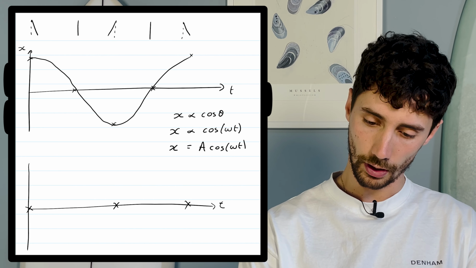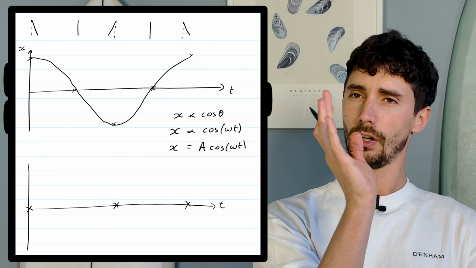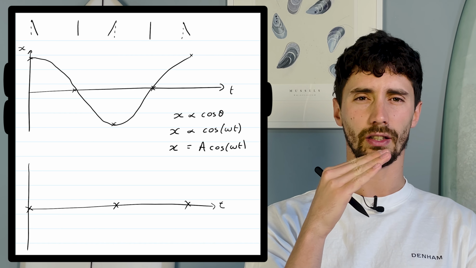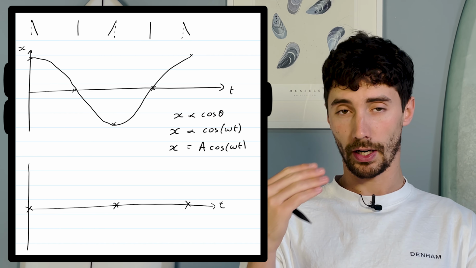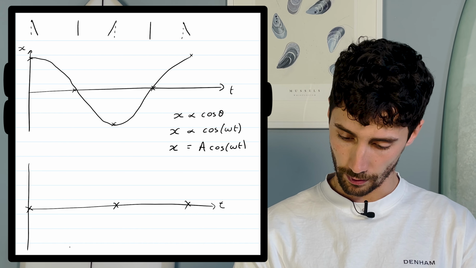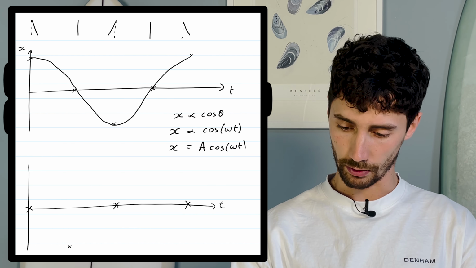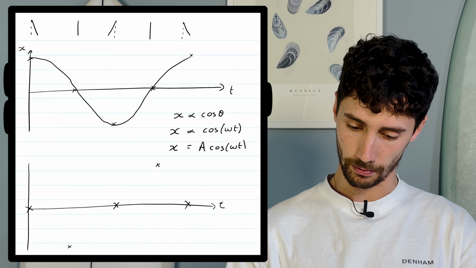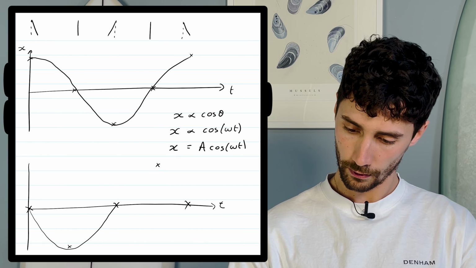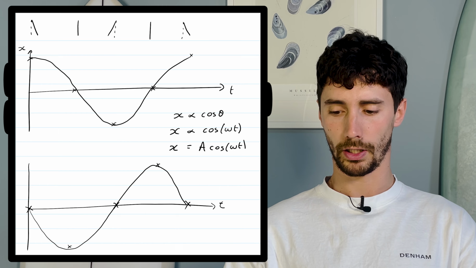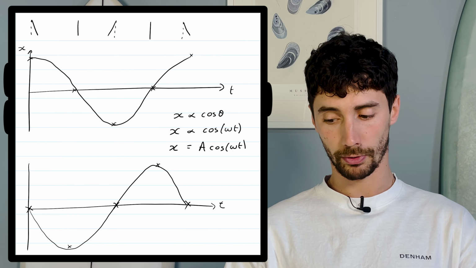Well, as it's moving from right to left, our velocity is towards the negative direction, so our velocity is a negative maximum. And when it's moving in the positive direction, it is going to be a positive maximum. So what graph do I have? Minus sine. Well, let's prove that.